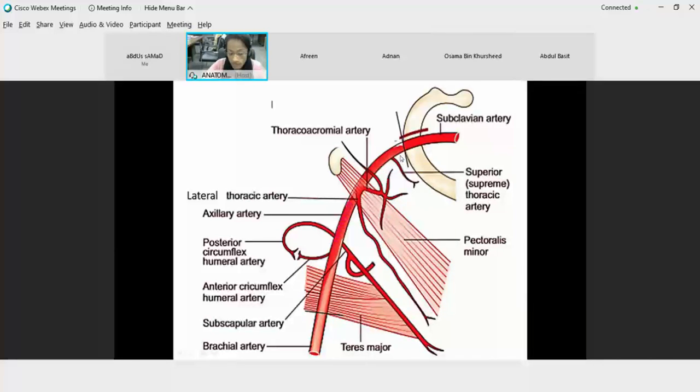Okay, ma'am. Now coming to the branches of the axillary artery. From the outer border of the first rib to the upper border of the pectoralis minor is which part of the axillary artery? First part. Yes, the first part.